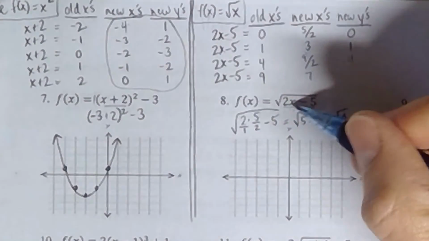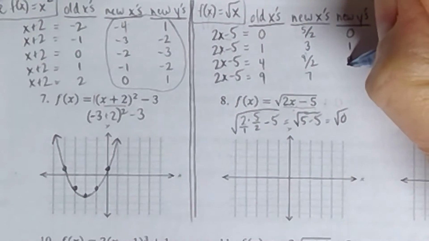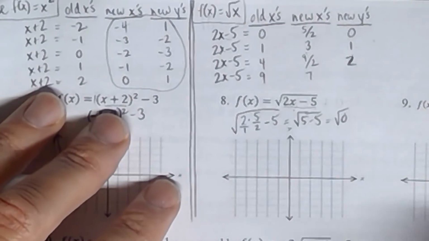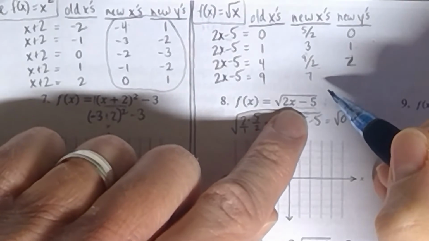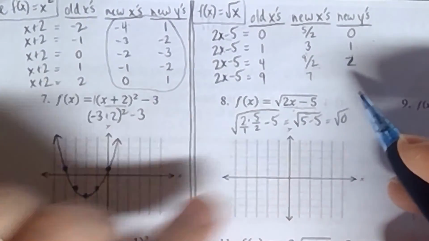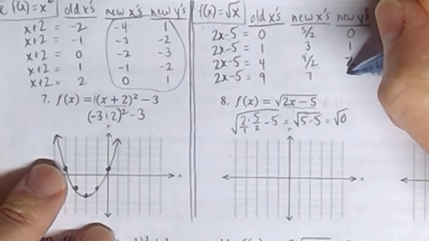So the inside of the square root is 4, but then when I take the square root, it's 2. And finally, 7, we get 2 times 7 is 14. 14 minus 5 is 9. Square root of 9 is 3.